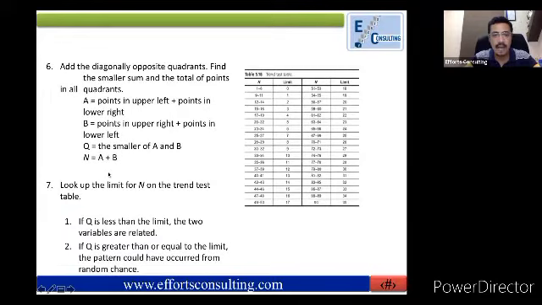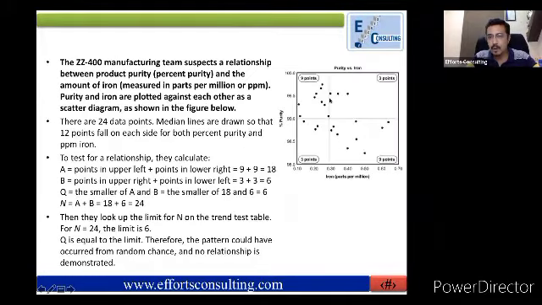Now, add the diagonally opposite quadrants and find the smaller sum, and the total points in all quadrants. What does that mean? I have to add the points of quadrant 1 and quadrant 4, Q1 and Q4. So 9 points are here, 9 points are here.